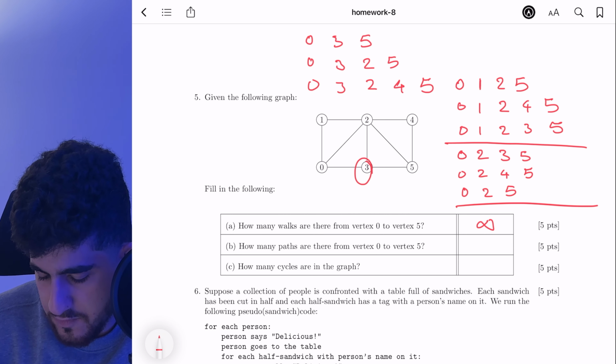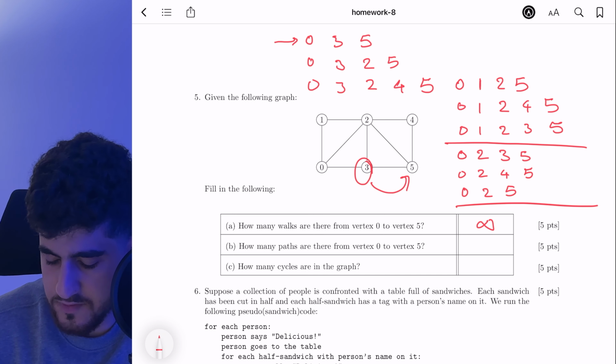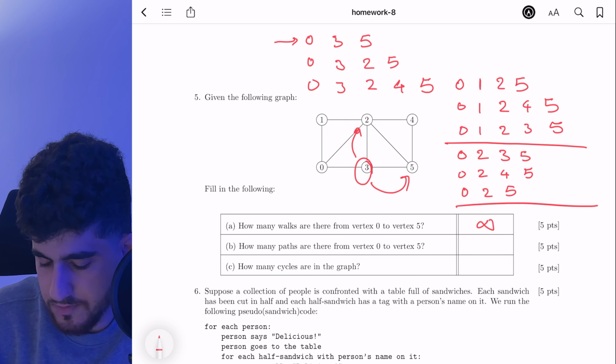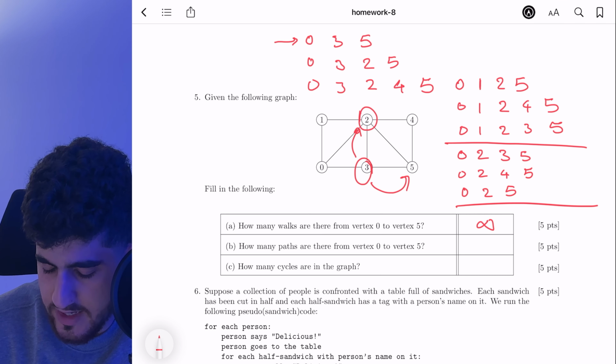If we go directly to 5, it's just this. If we don't go directly to 5, we should definitely go to vertex 2, because we don't have any other neighbor other than 0. So from here we either go directly to 5 or go to 4, and then from 4 to 5.